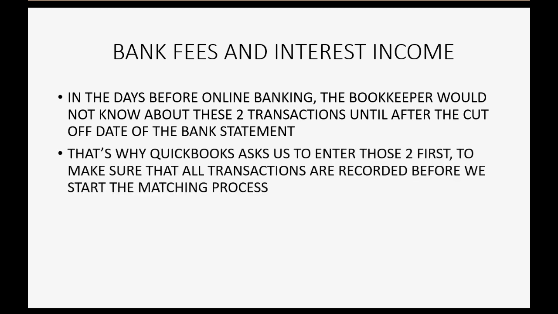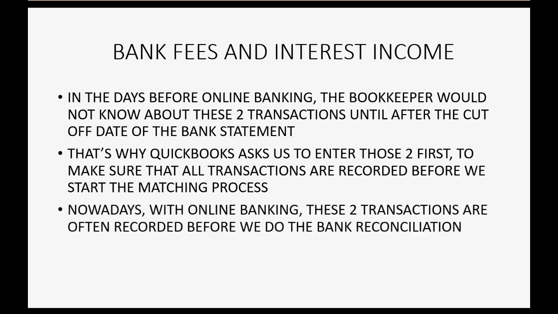That's why QuickBooks asks us to enter those two first, to make sure that all transactions are recorded before we start the matching process. Nowadays, with online banking, these two transactions are often recorded before we do bank reconciliation. And that's what we're going to assume in this example. So we're going to skip putting in those two things and assume they have already been entered during the month.